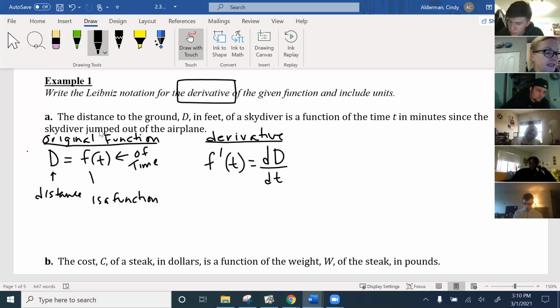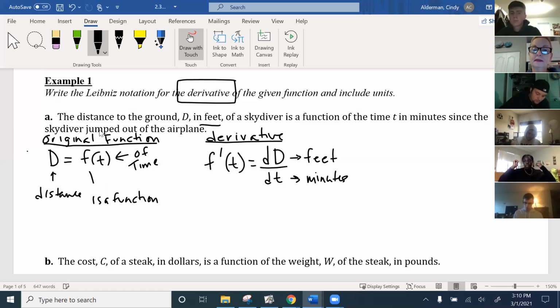Now, this helps you keep track of unit of measure because this big D, as they say here, is in feet. And this is in minutes. But when you talk about the unit of measure for a derivative, it's always feet per minute.